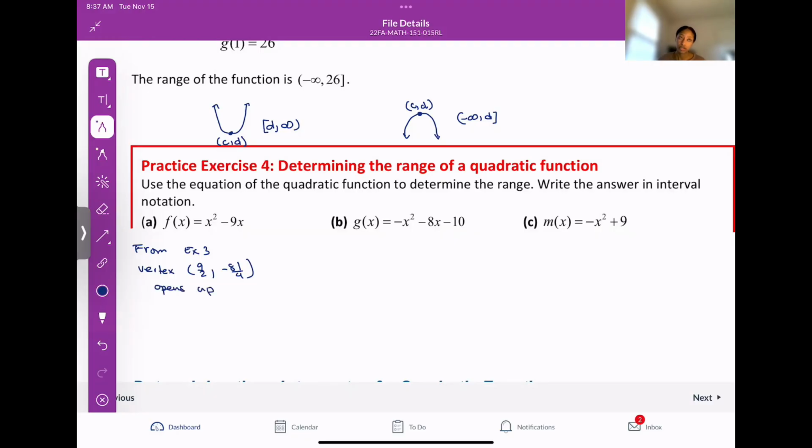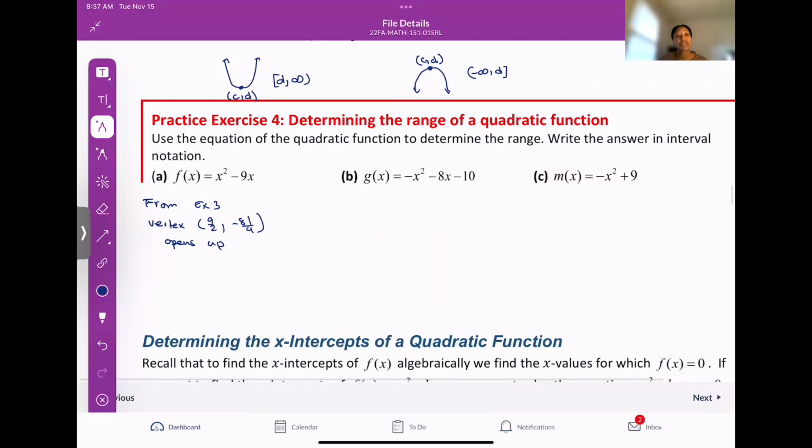So that means that negative 81/4 is a minimum. It's the smallest possible value that we can get for our output. So our range is going to be from negative 81/4, if you prefer to write this as a decimal, that's fine, to infinity. What does this mean? For any x value that you plug into this function, the y values have to be between negative 81/4 and infinity. Can't be anything less than negative 81/4.